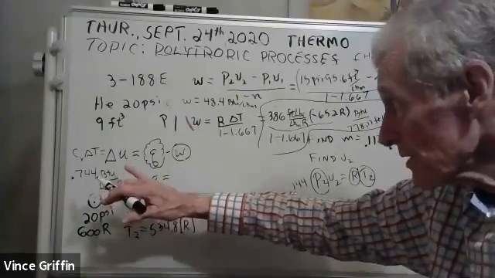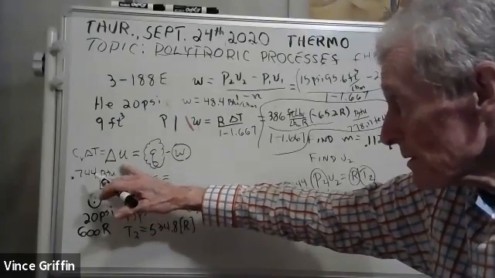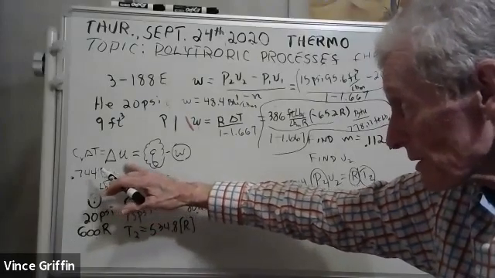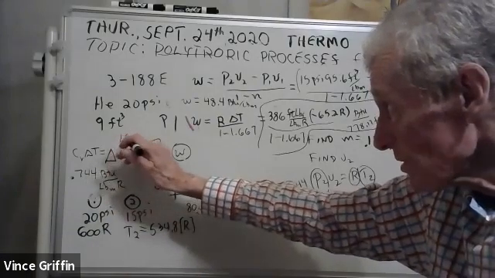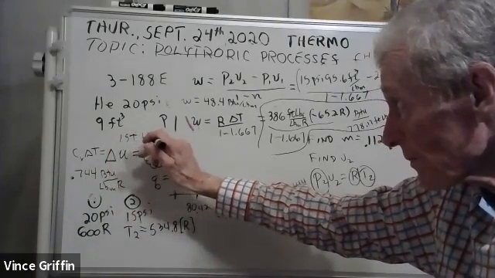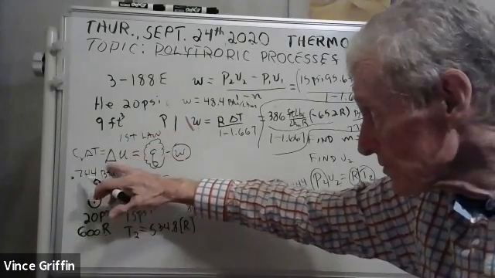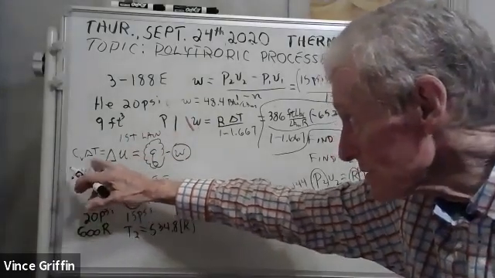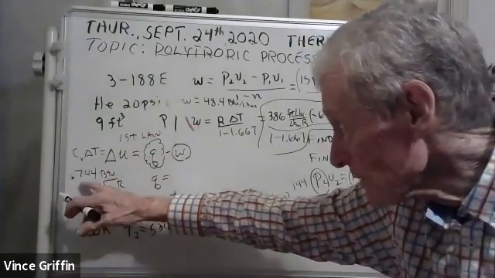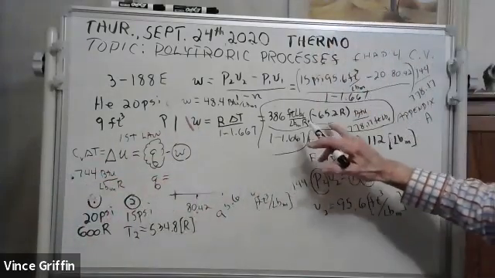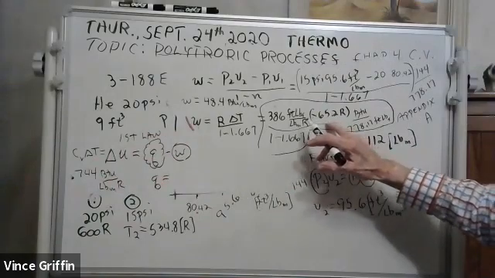What we're doing is we're using the first law of thermodynamics. That's what this is. This is our first law. But see, we know what delta U is. It's C sub V delta T. C sub V is this. Delta T is sitting right here. It's minus 65.2 Rankine.